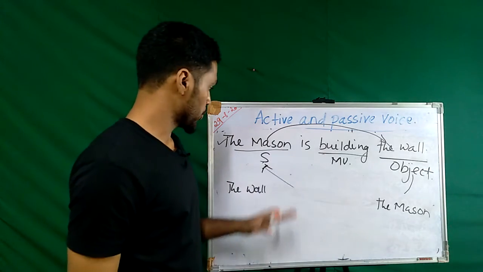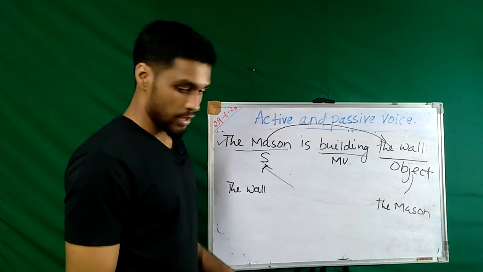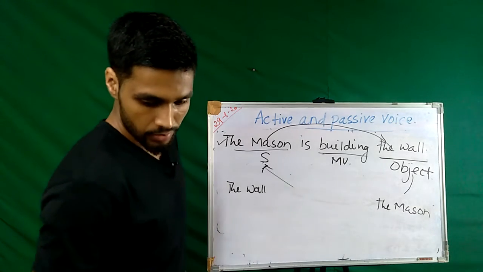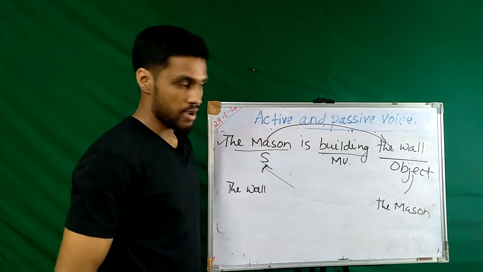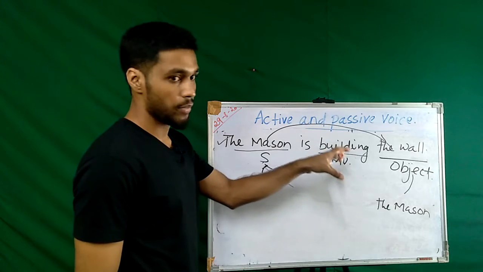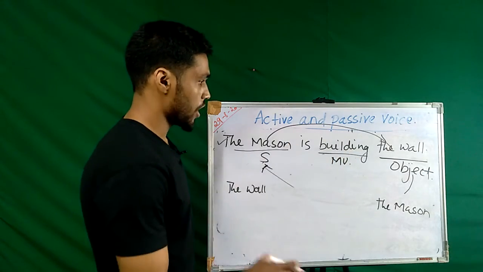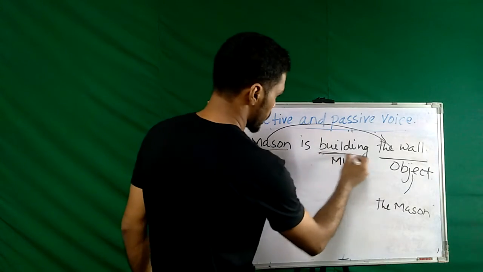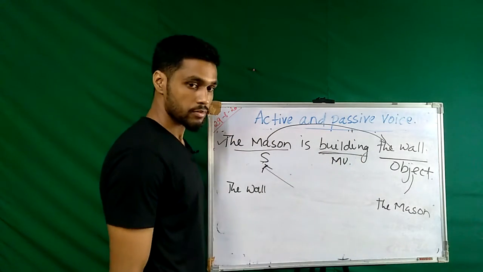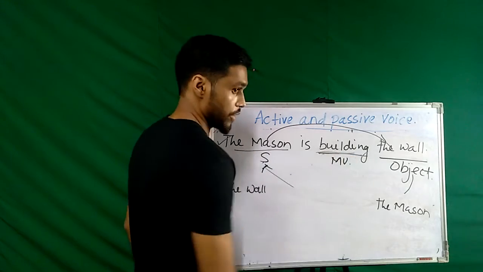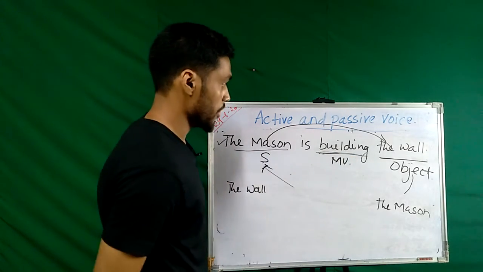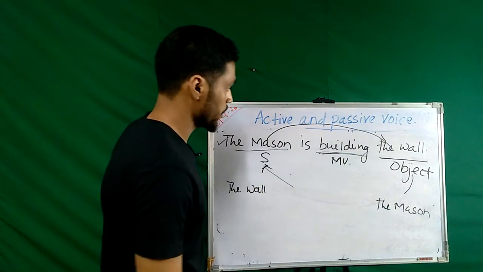And we have followed two steps. And what is the next step that we have? We have to convert the main verb into participle or in the third form. What is the main verb that we have? Building or build, right? We have to convert this main verb into third form. And what is the third form of build?